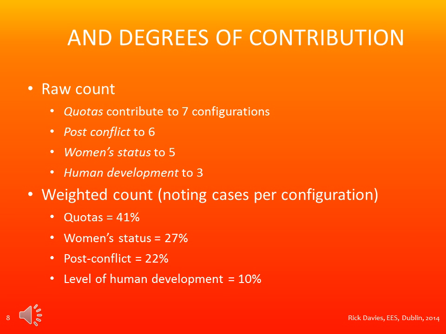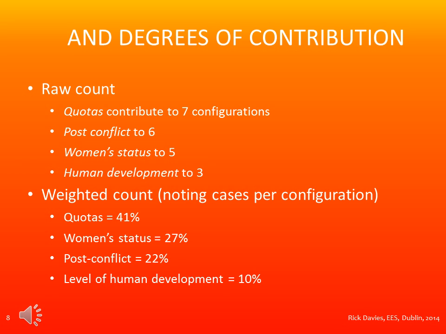Another interesting point to note about the decision tree representation of causal configurations is that we can actually say something about the extent to which each condition has a contributory role relative to all the others. We can count the number of configurations that a particular condition contributes to, and I've just listed the counts here for the 4 different conditions, quotas having a bigger role than the rest.